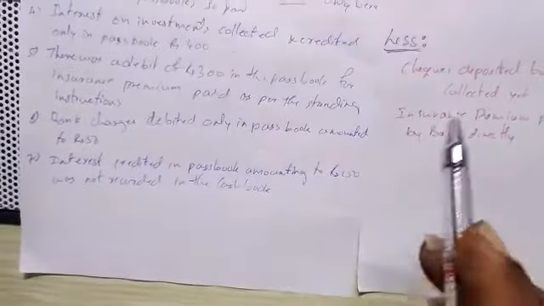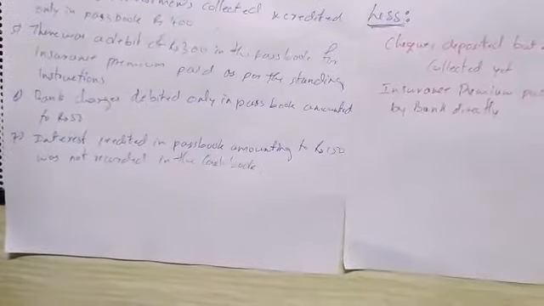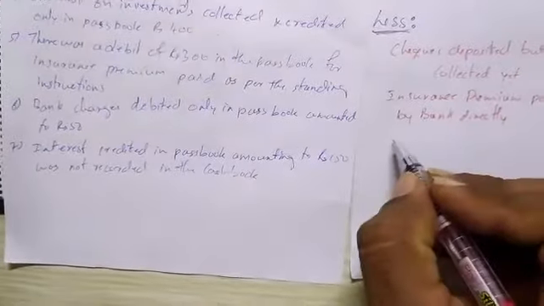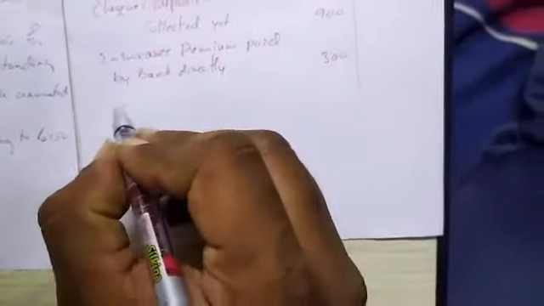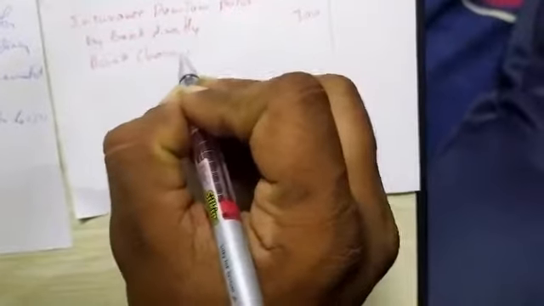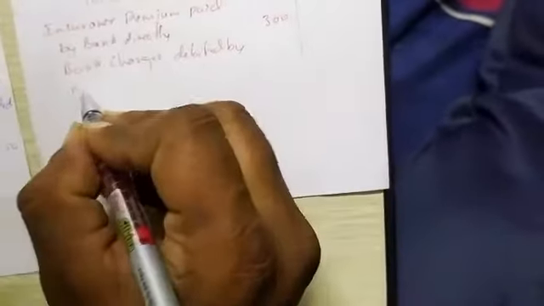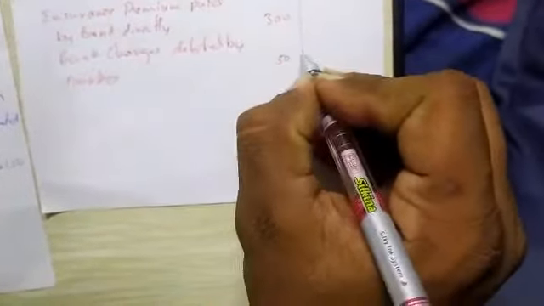So as per the cash book the amount is showing more, and in the passbook the amount is showing less, which we should deduct here, that is bank charges debited by bankers. How much? Rupees 50 here.